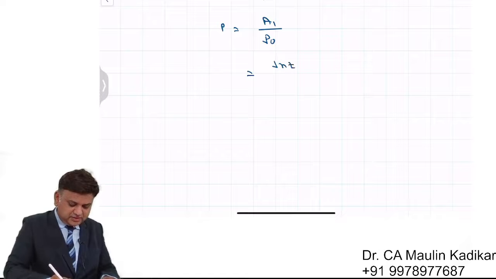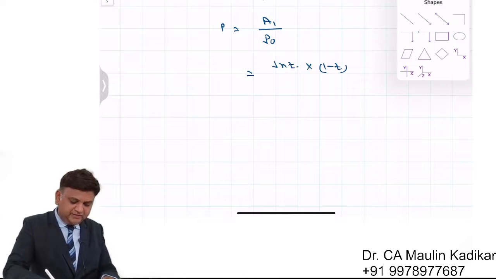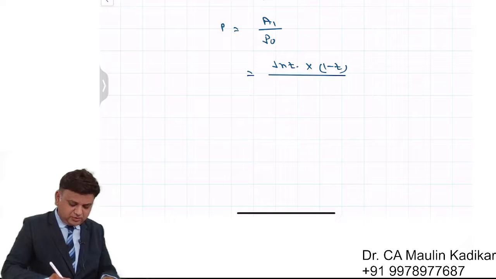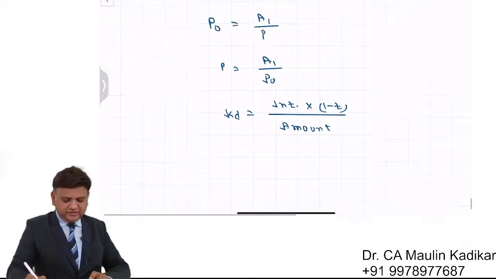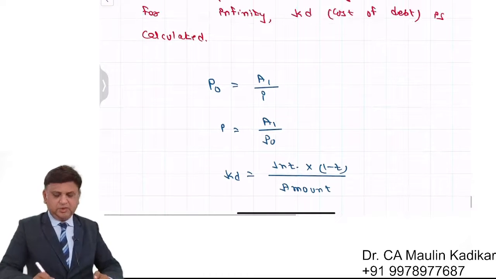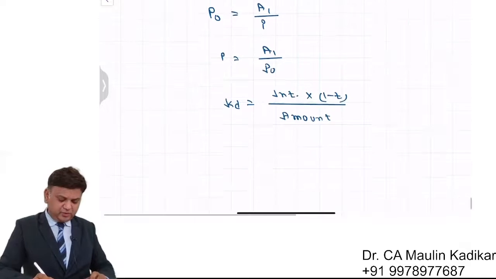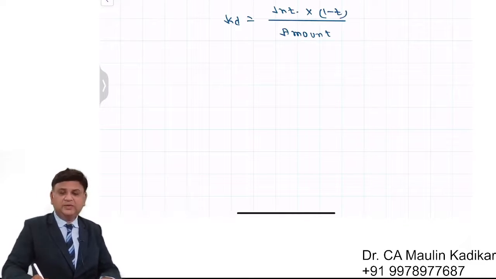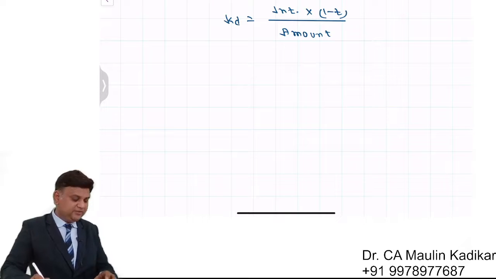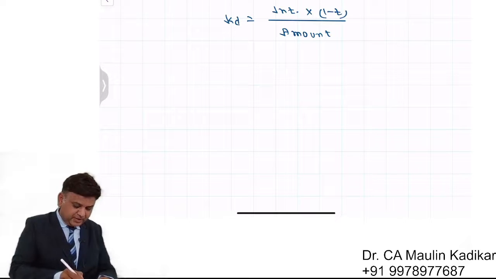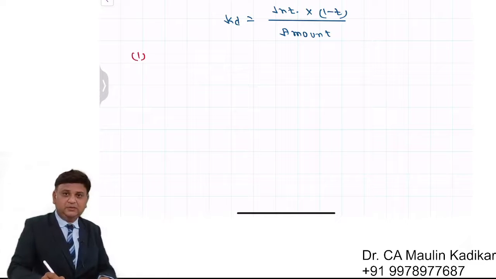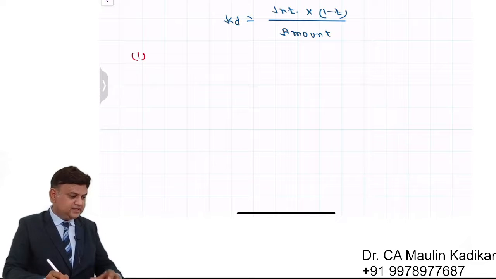It is interest into 1 minus tax rate divided by P0, which stands for the amount, and that is the way KD, cost of debt financing, is calculated. Logic is simple. Numerator is indicating the cost that we are going to incur, and denominator is indicating the amount that we have received.